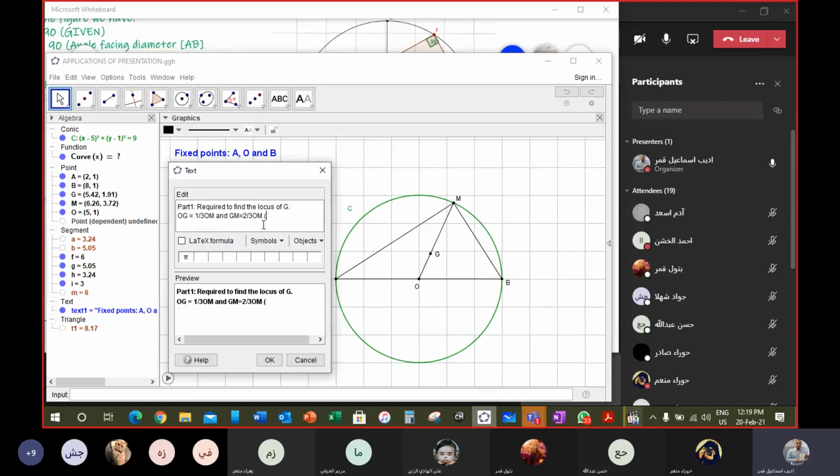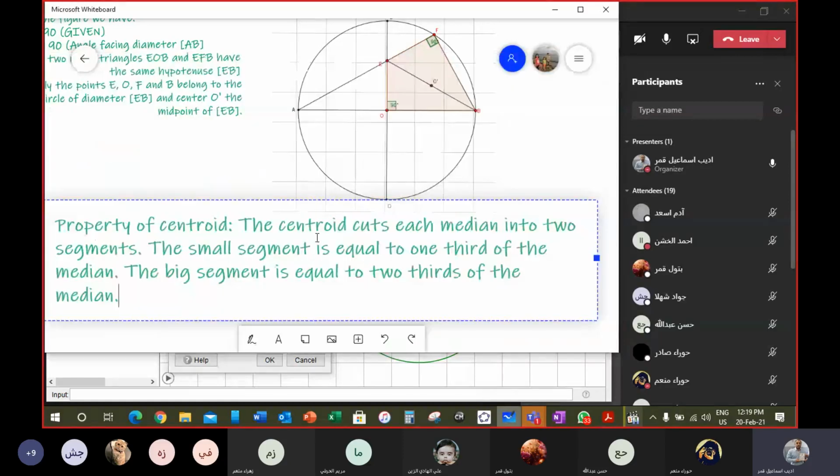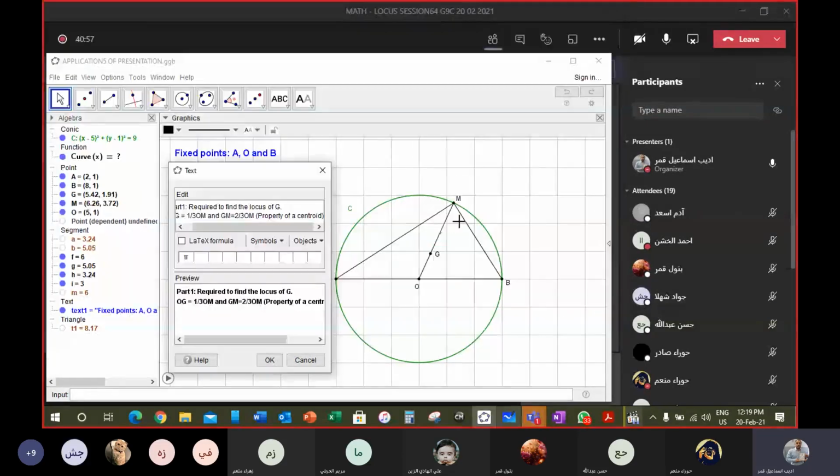Next to it we write property of a centroid. The centroid cuts each median into two segments. The small segment is equal to 1/3 of the median and the big segment is equal to 2/3 of the median. You should have noted this down. Did you write it? Okay.